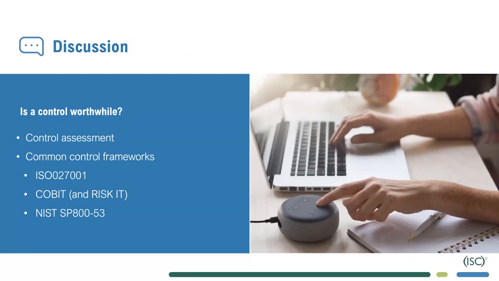So those two ISACA frameworks together give us something very similar to ISO 27001. NIST SP 800-53 is NIST, National Institute of Science and Technology, long-standing organization. It's been around since 1901. They produce those special publications and the Federal Information Processing Standards.